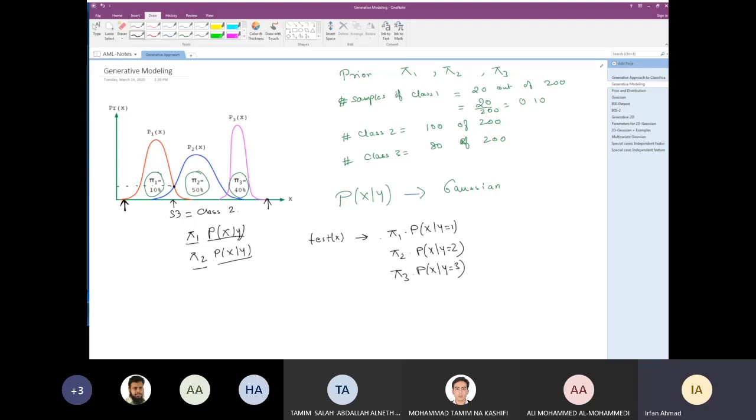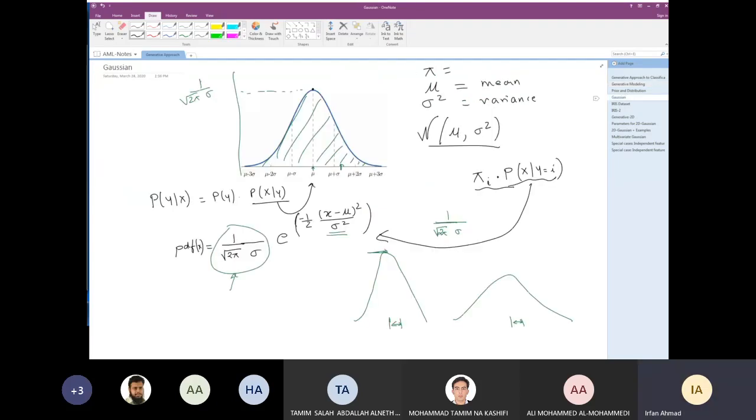Whichever of these three is the highest, we assign that class. And this is basically the PDF we spoke about just now. Okay, good. If there are no more questions, let me go forward.